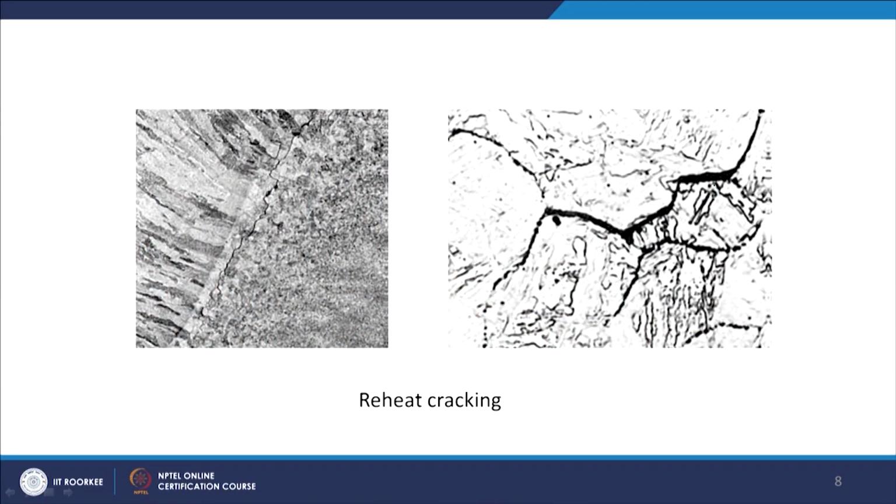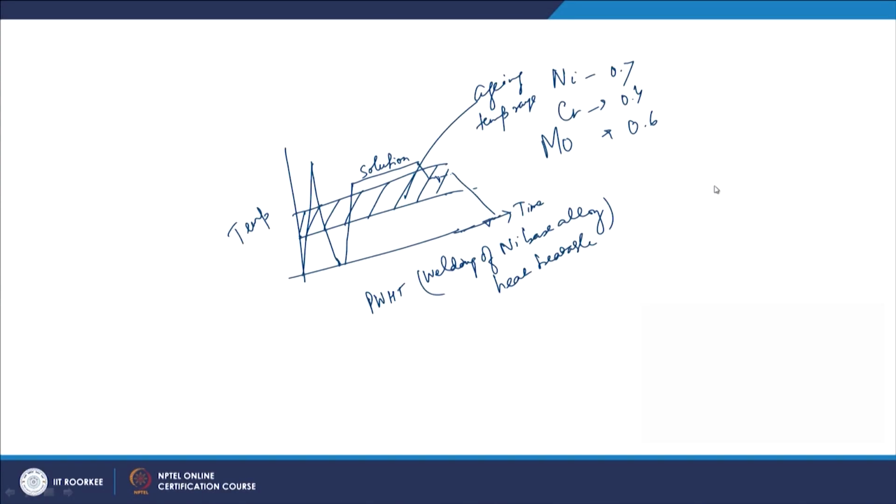To avoid the formation of reheat cracks, you should have limited vanadium content in the thick sections, design for minimum restraint, and use a higher preheat temperature.